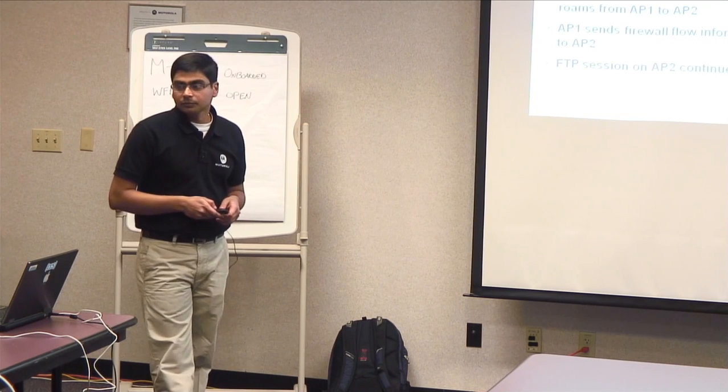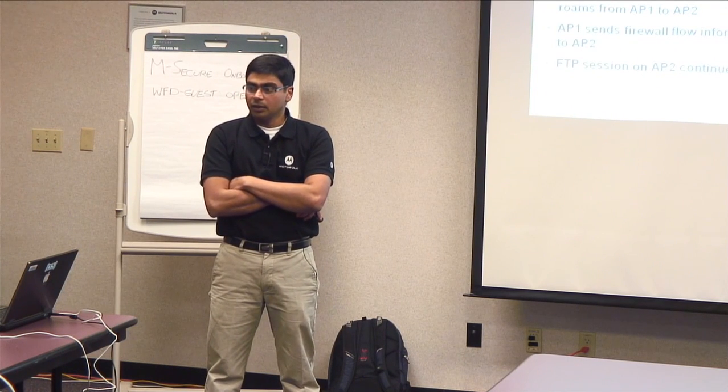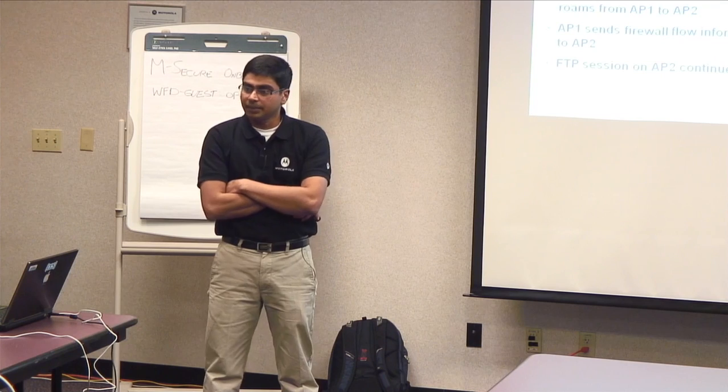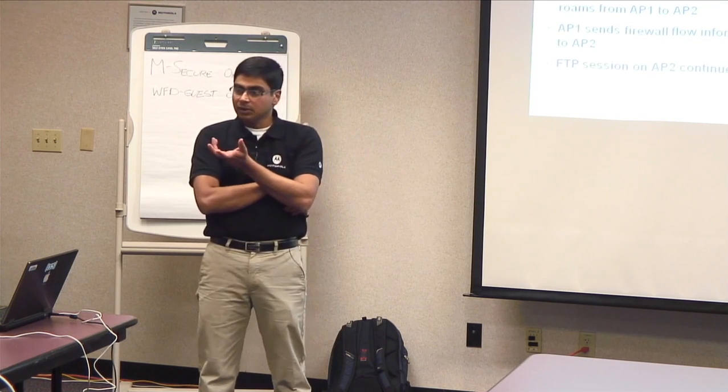Can you touch shortly on multicast? Does multicast go out to all the APs and then get dropped, or does it go out to the specific APs for clients that request multicast traffic? We have a feature called IGMP snooping, where we maintain an IGMP snoop table.